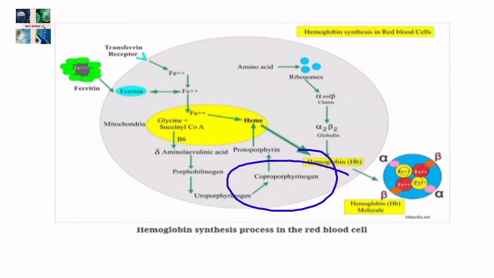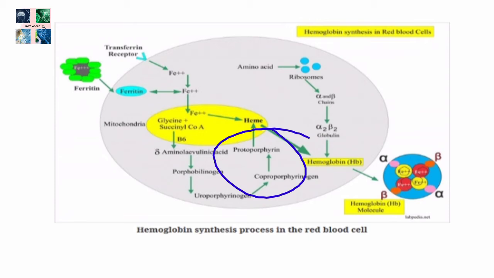In the fifth step, uroporphyrinogen decarboxylase takes uroporphyrinogen 3 and produces coproporphyrinogen 3. The final three steps of heme synthesis occur in the mitochondria. Here the coproporphyrinogen 3 is transformed to protoporphyrinogen 9 by coproporphyrinogen oxidase.